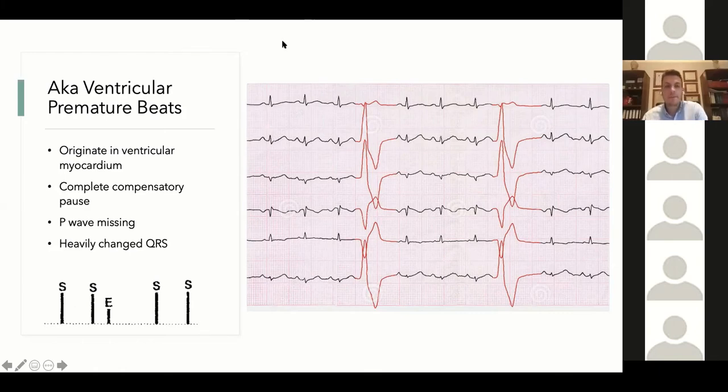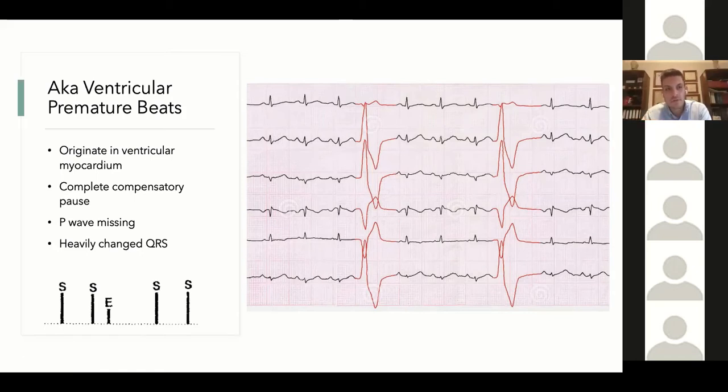Now, why do we care so much about ventricular extrasystoles? Because, as you can see, it's a completely aberrant QRS, and it's very important for your clinical practice. Ventricular extrasystoles can actually initiate ventricular tachycardia or other ventricular arrhythmias that are very dangerous for the life of the patient.